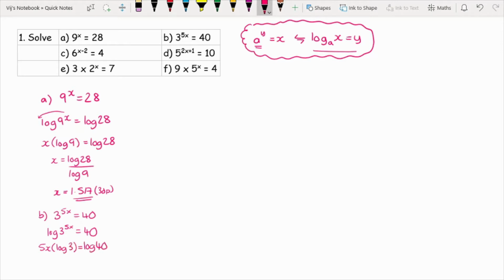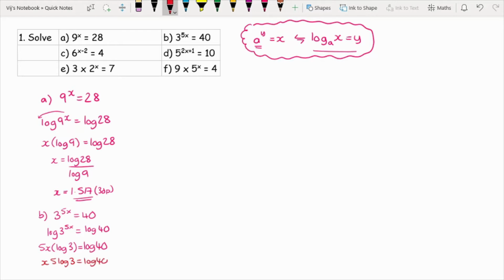Now bear with me, because I've seen a mistake as I am trying to multitask but failing. That should be log 40. And then we take this log 3 over to this side. Actually, it'd be better for me to rewrite this as x times 5 log 3 equals log 40.